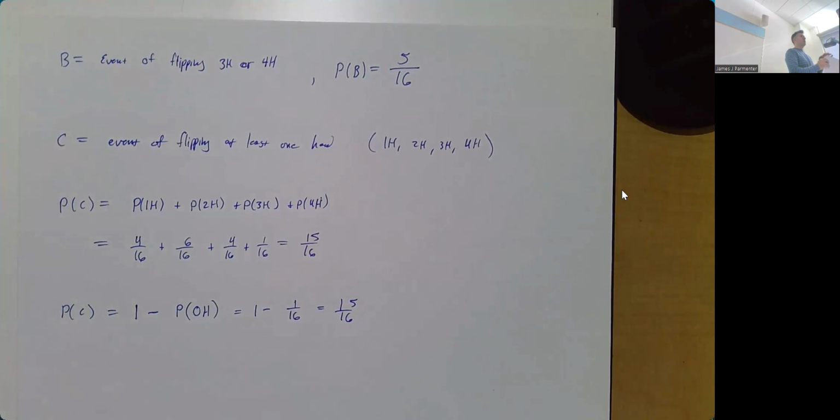This idea, where instead of calculating what you want you can do the total minus the probability of what you don't want, is what's called a complement. The two things are complementary if their probabilities add up to 100% but they don't overlap at all. So no heads versus at least 1 head are complementary. They don't overlap at all, and they encompass every possibility.